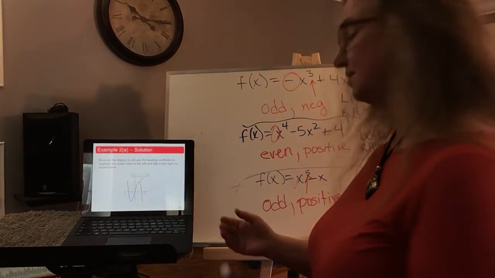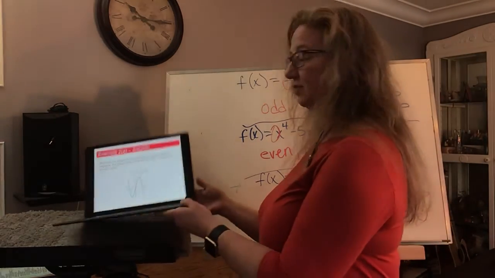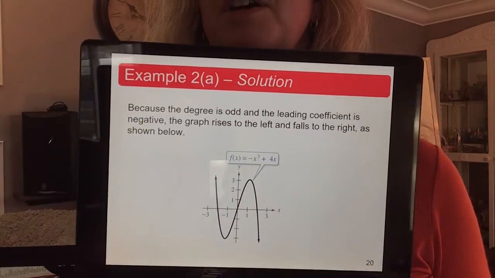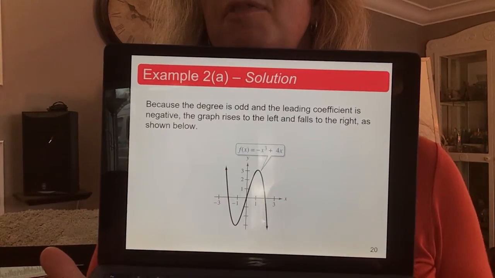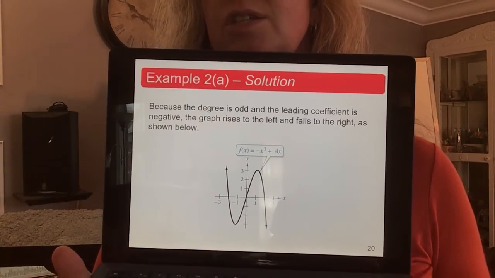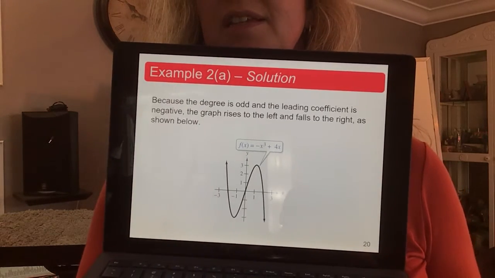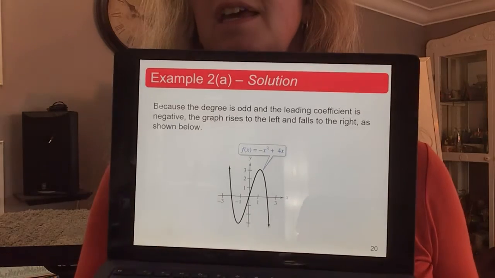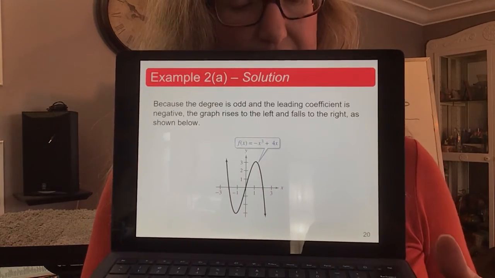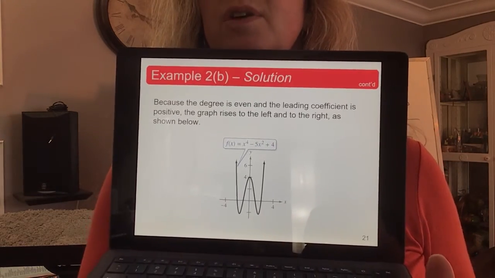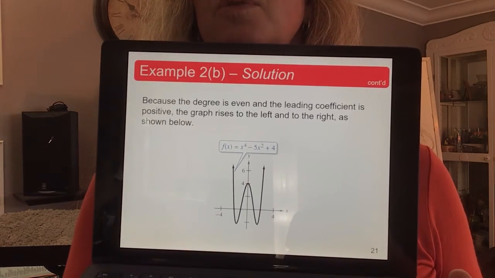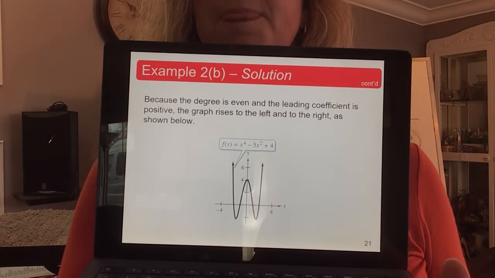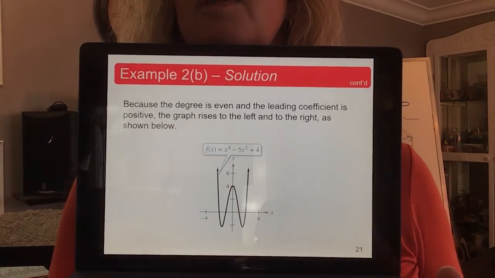So let's look at these. I'm going to pick this up for a second so you can see this better. If I have f of x equals negative x cubed plus 4x, then I see that the left end goes to positive infinity and the right end goes to negative infinity. This was f of x equals x to the 4th minus 5x squared plus 4. Both ends go to positive infinity.